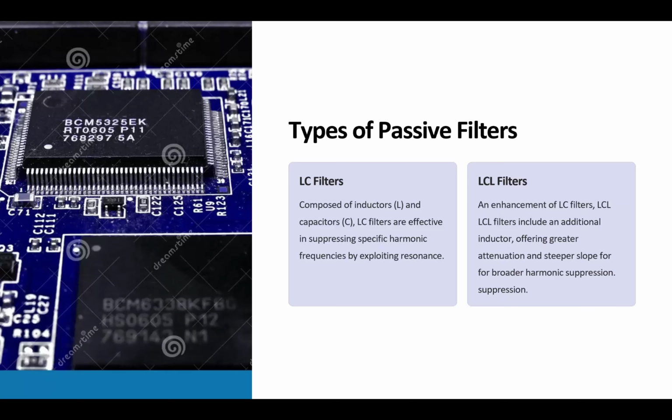We could have active filters, and there's a variety of designs of active filters. They have a more expensive configuration and more computationally expensive algorithms for control. Another category is the passive filter, where there is no control. We design it based on our desired frequency and our system and let it do the work.